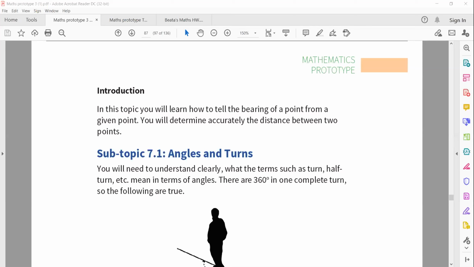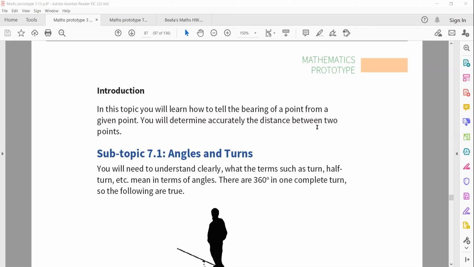So you need to understand clearly what terms such as turn and half turn mean in terms of angles. Let me give you an example. Let's say when you are opening a door, the door may move through a certain angle.